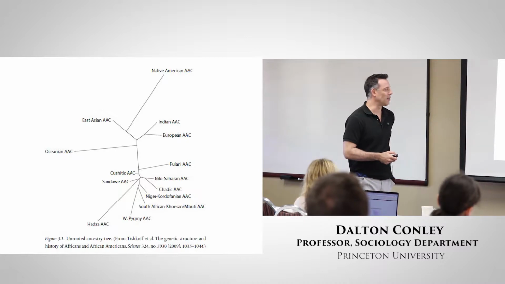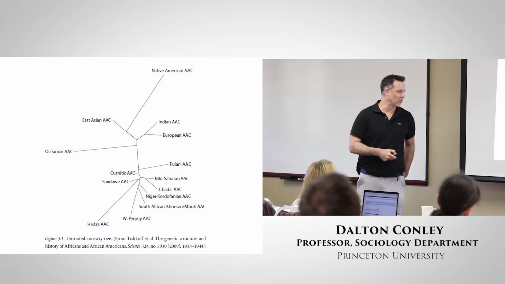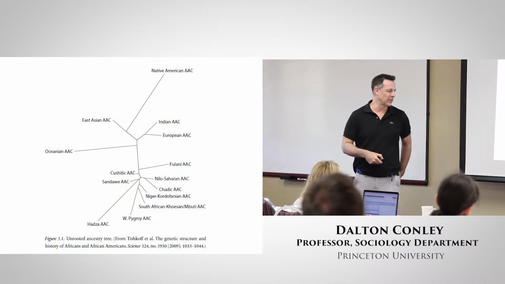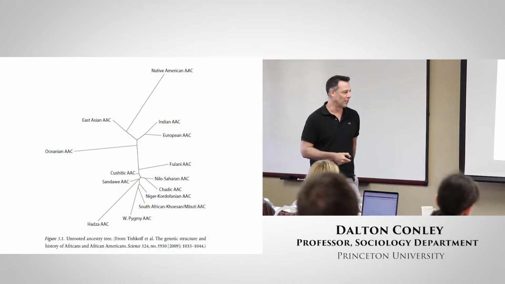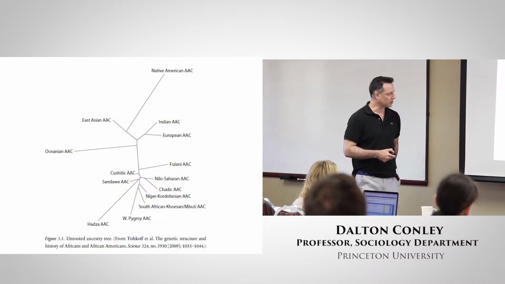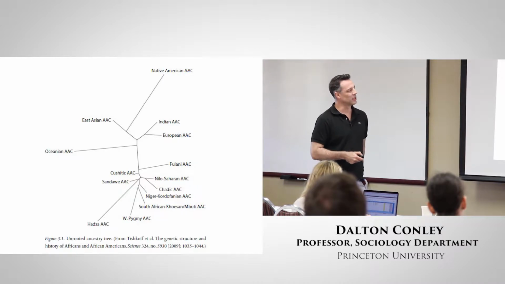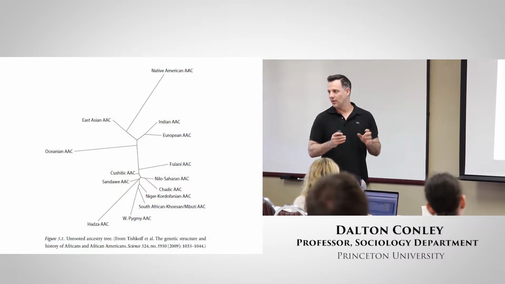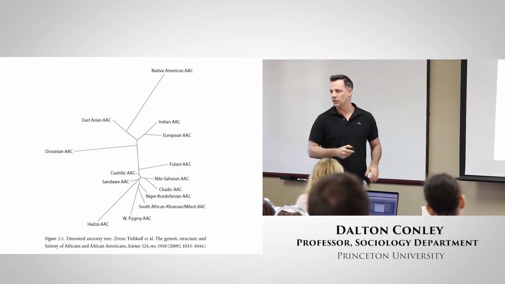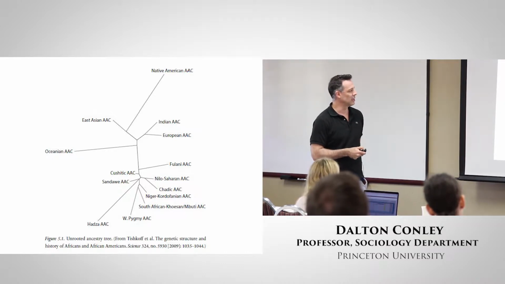So if you look at this unrooted tree from a really well-known paper by Sarah Tishkoff and colleagues from 2009, and these are genetic differences in unrooted trees, so it doesn't do common ancestry, it's just genetic distance.